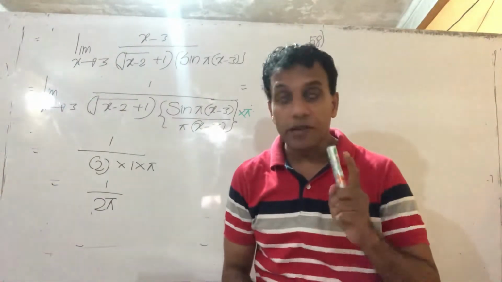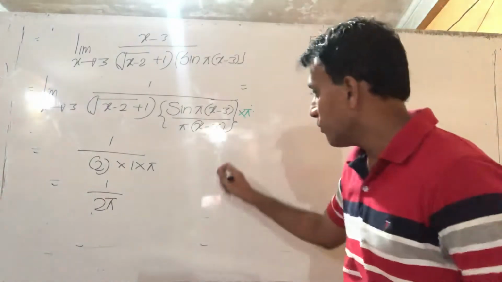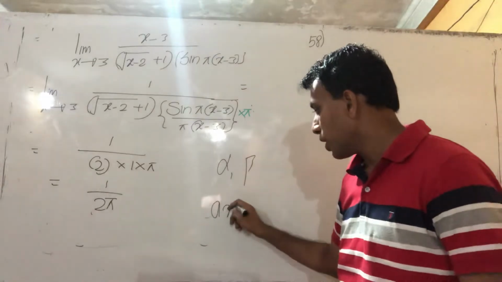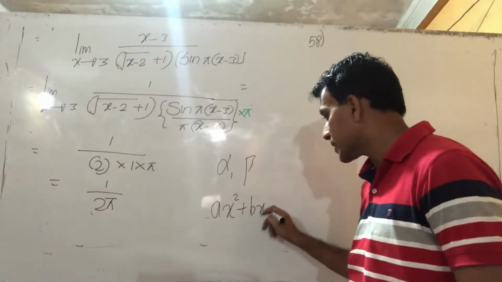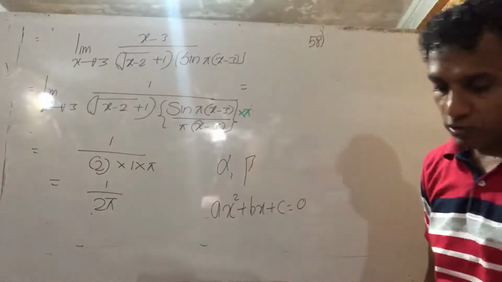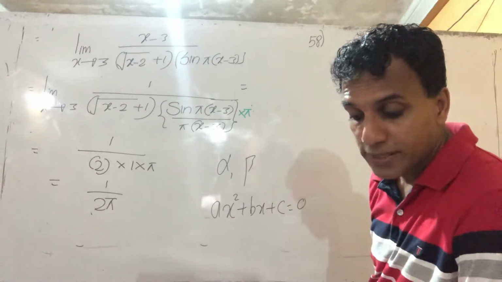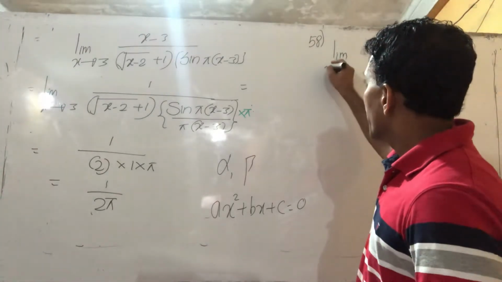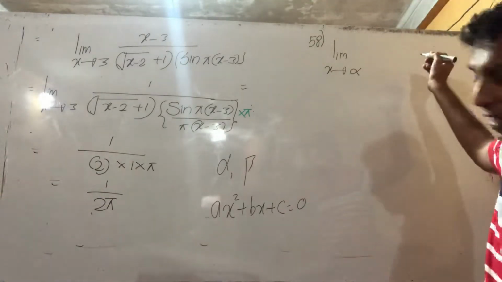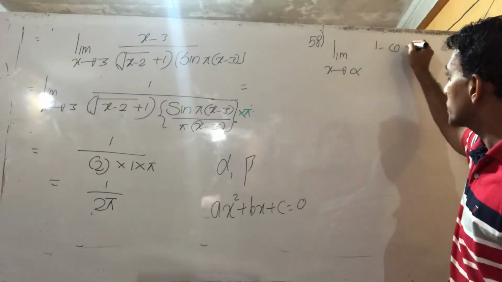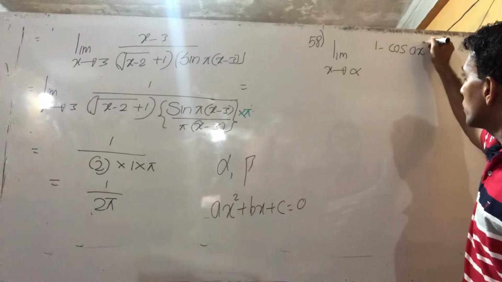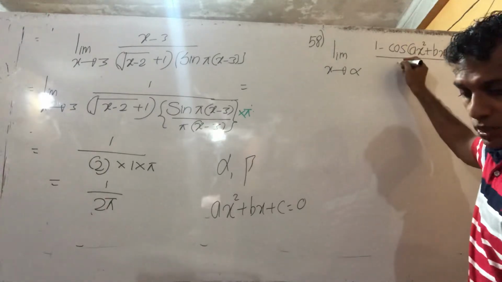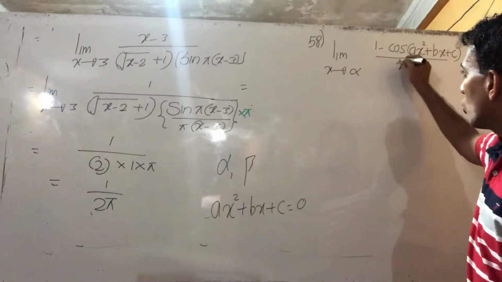Write this: if alpha and beta are the roots of ax square plus bx plus c equals 0, evaluate limit x tends to alpha, 1 minus cos of ax square plus bx plus c, over x minus alpha, all squared.